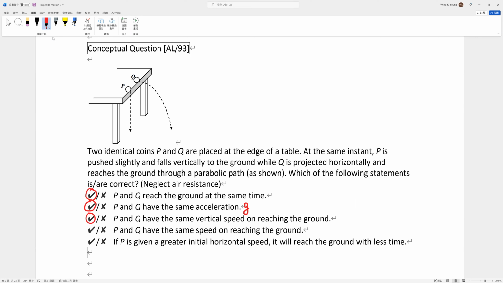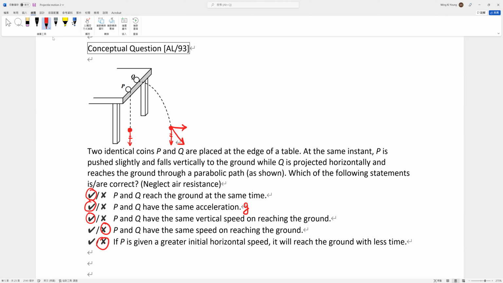But they don't have the same speed. Do you know why? Because Q also has a horizontal speed other than the vertical one. The two vertical speeds are the same, but Q has a horizontal speed, so the resultant speed of Q should be larger than that of P. If P is given a greater initial horizontal speed, does it reach the ground in less time?